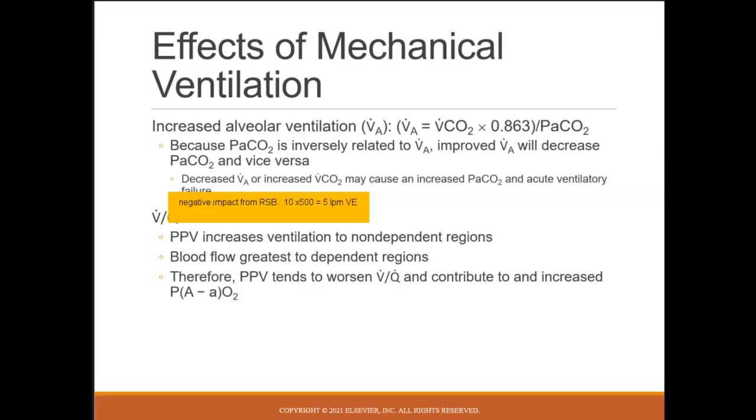But my patient could have an incident where they're breathing at a rate of 20 times a tidal volume of 250, which also gives me a 5 liter per minute VE. This patient here, with the rate of 10 and a 500 tidal volume, could have a normal PCO2.